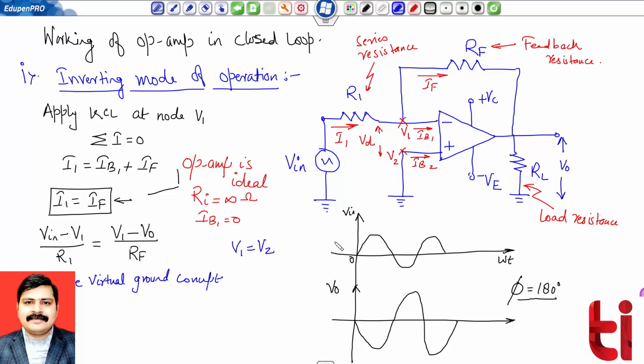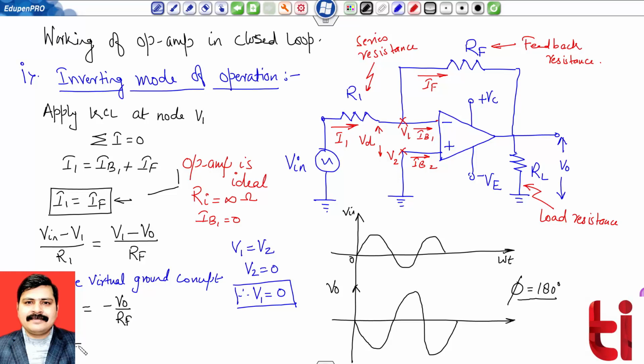That means V2 equals 0. Therefore, V1 seems to be virtually grounded, and it will also be equivalent to 0. So terminal V1 is termed the virtually grounded terminal. Using the virtual ground concept, my relation is Vin upon R1 equals minus V naught upon RF.